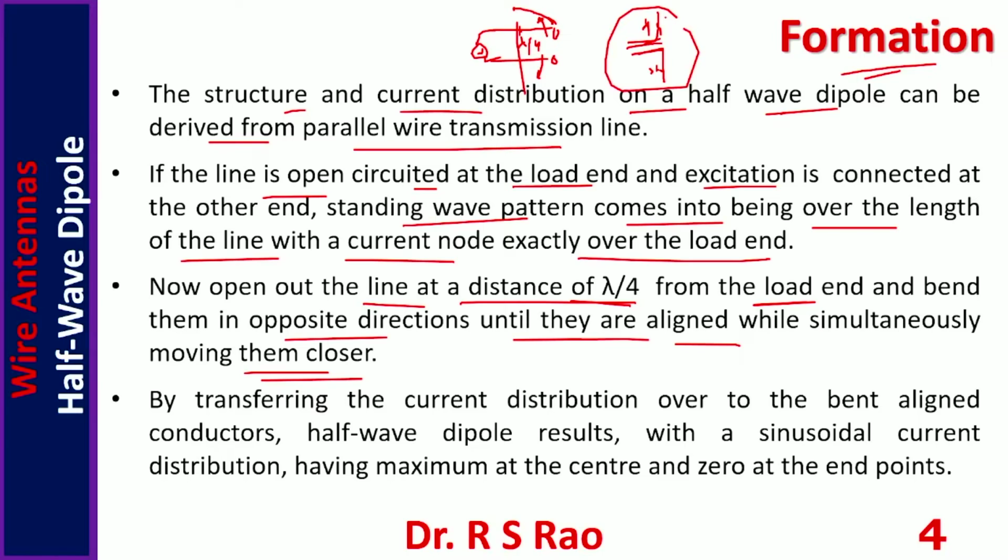The current, one can see here, at the ends it is 0, at the middle it is maximum, varying in a sinusoidal manner. We now have the structure as well as current distribution over half-wave dipole. By transferring the current distribution over to the bent aligned conductors, half-wave dipole results with a sinusoidal current distribution having maximum at the center and 0 at the endpoints.